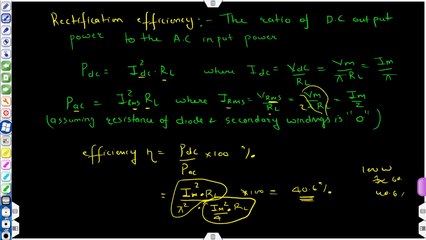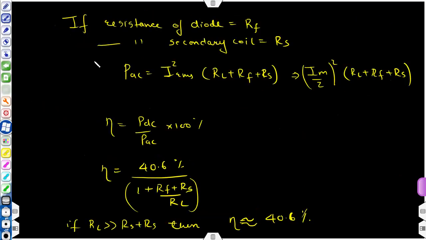This is the case when we have considered that the resistance of diode and secondary winding is 0. But in reality, the diode will have some resistance and the secondary winding will also have some resistance. So let us assume that the resistance of the diode is RF and the resistance of the secondary coil is RS. In that case, power AC will be defined by I square RMS, RL plus RF plus RS.